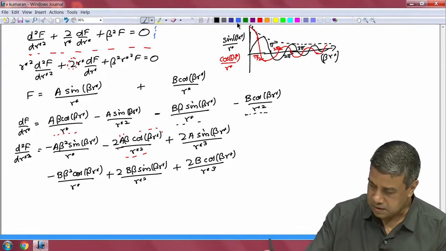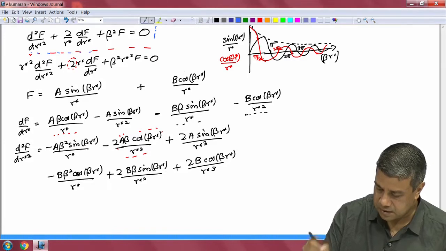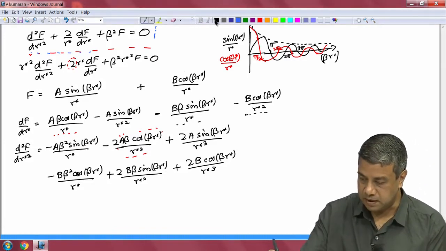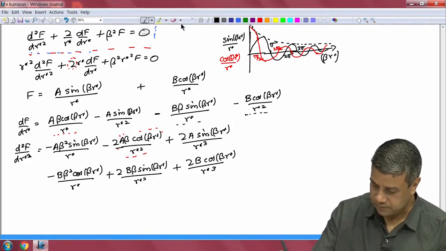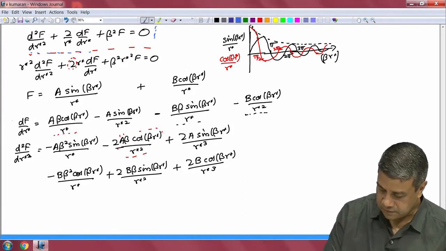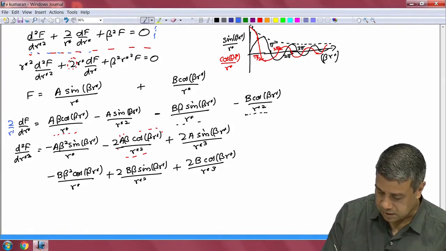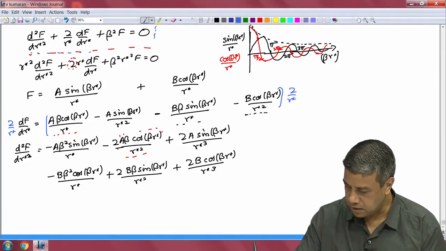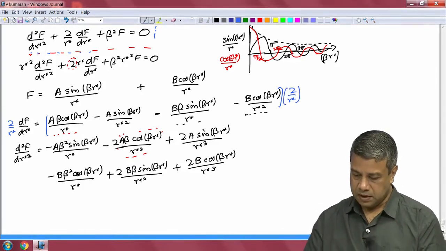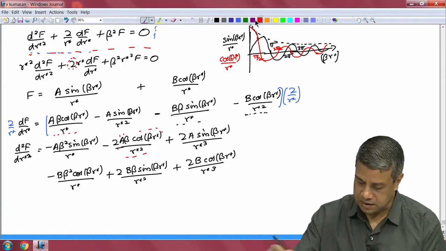So, in this equation, I have d square by dr square plus 2 by r times d by dr. So, I have to add 2 by r times this. If I put in a factor of 2 by r here, this whole thing gets multiplied by 2 by r. And now you can see that these terms will cancel out.